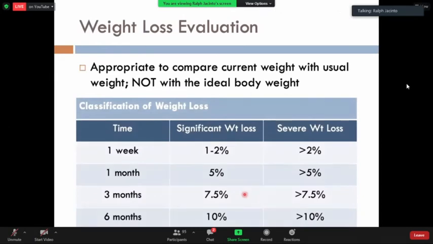Another thing that we look at in nutrition would be weight loss. For weight loss, it is appropriate to compare the current weight with the usual weight, not with the ideal body weight.